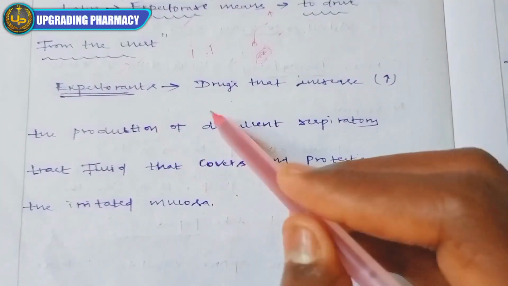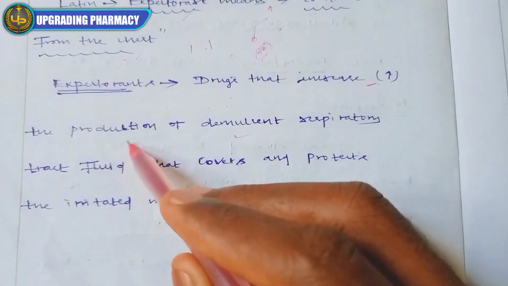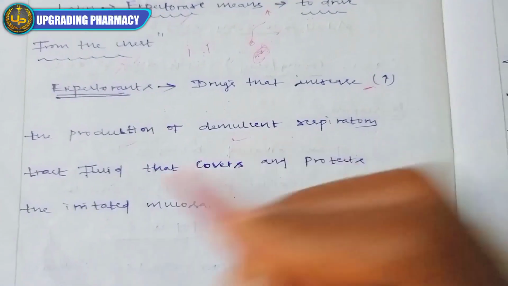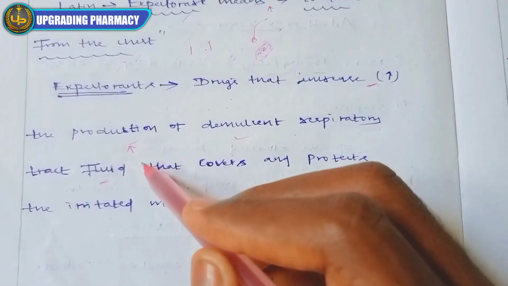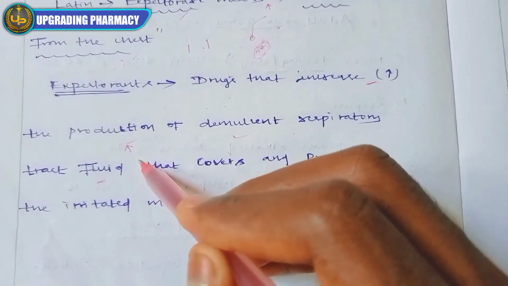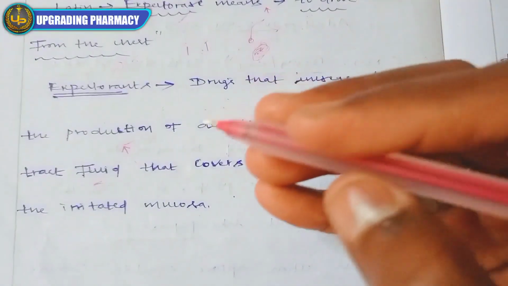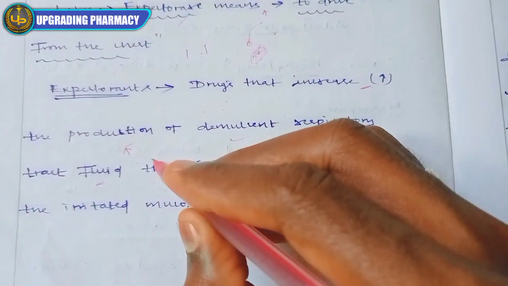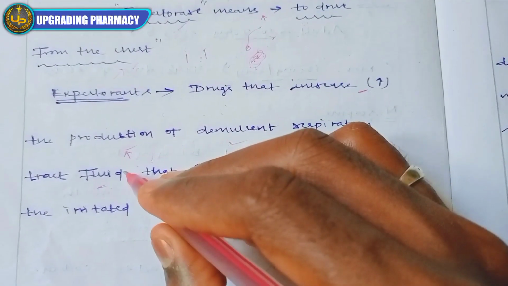Expectorants are drugs that increase the production of respiratory tract fluid. The fluid secretions will increase, so that this fluid will expel these foreign materials or any infected microbes through the nose by means of the increased secretion of fluids.